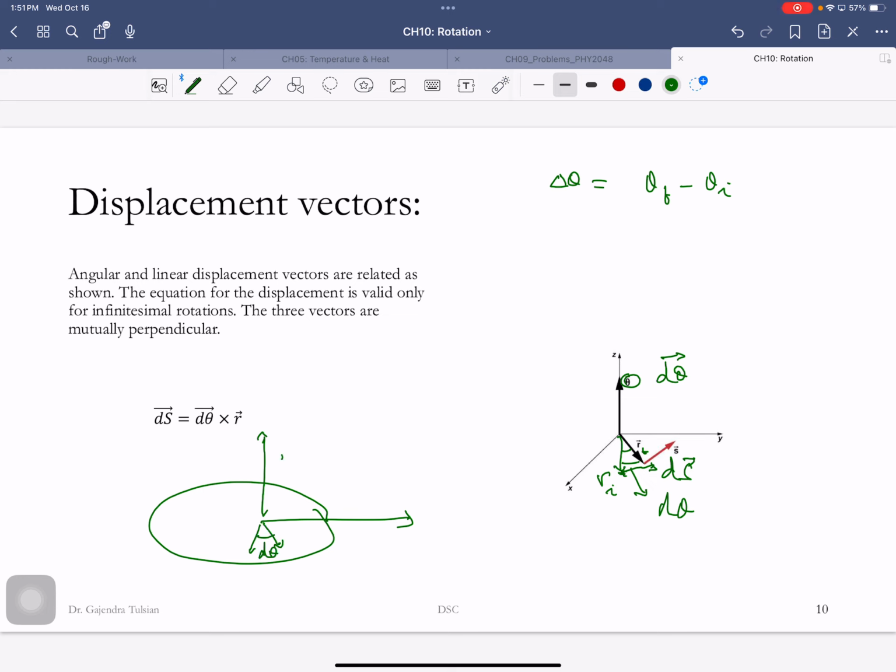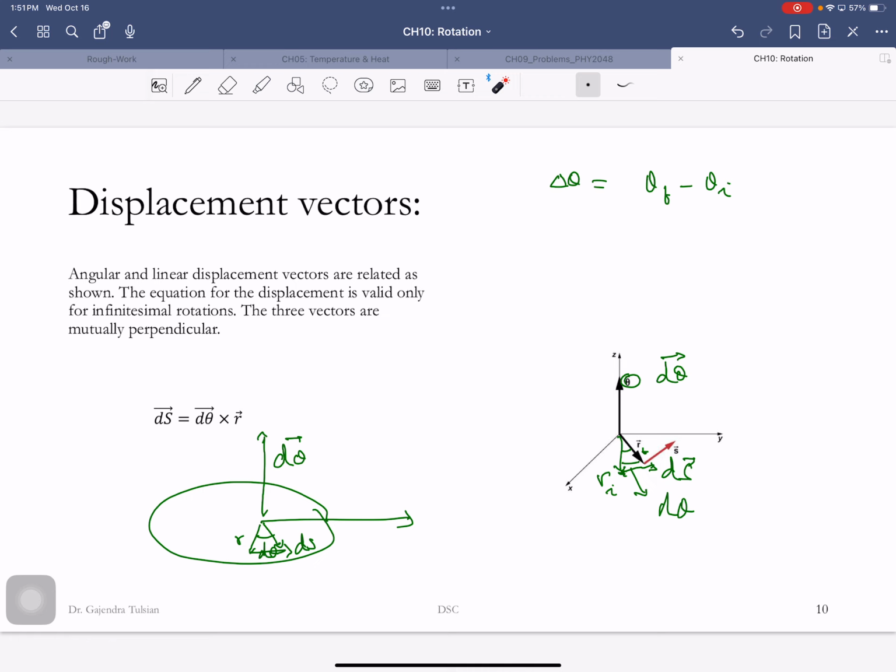Okay, so the vector d theta is pointing in that direction, r, and this distance is ds. So ds, the linear displacement of this point, is the vector d theta, whose magnitude is the angle, cross r. r is the initial position vector of the point.